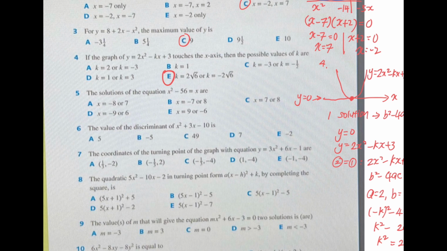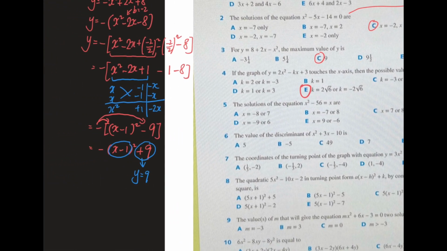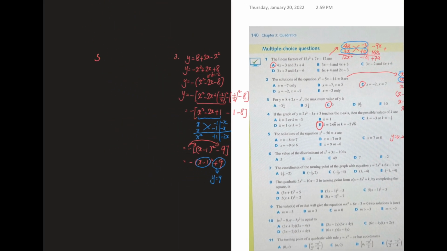And let's see. The solution of the equation x squared minus 56 equal to x. Okay, so question 5, let's say I do it here. x squared minus 56 equal to x.